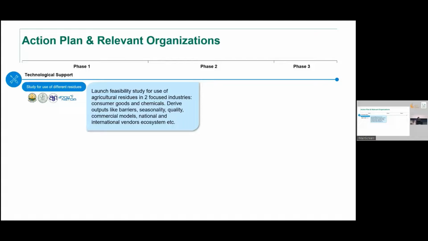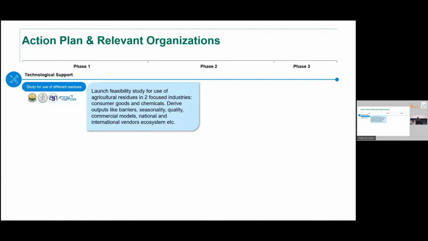The first segment for the action plan is technology support. Here, the first action is to create a feasibility study for different agricultural residues focused on two industries, chemicals and consumer goods. This basically links to our point that there is a large amount of untapped bio-based resources in Thailand.